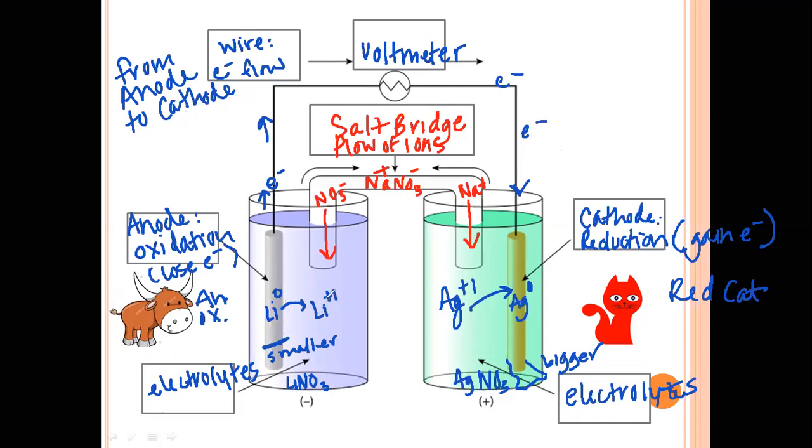As the metal changes to an ion, electrons flow up through the wire to the other side. So when the ion receives the electrons on the other side, it gets reduced into the metal. So the metal gets bigger. The salt bridge permits the flow of ions, it completes the cell, and it makes up for charge. It conserves charge.